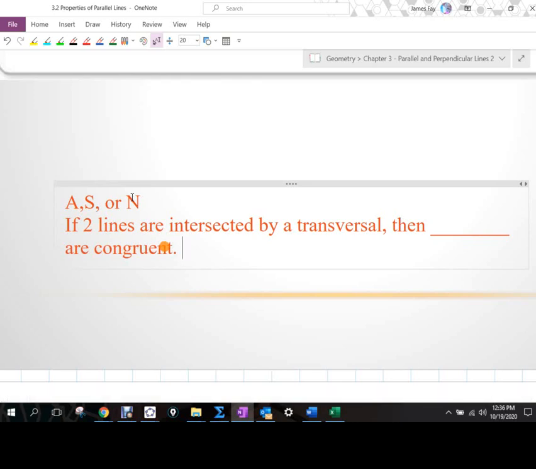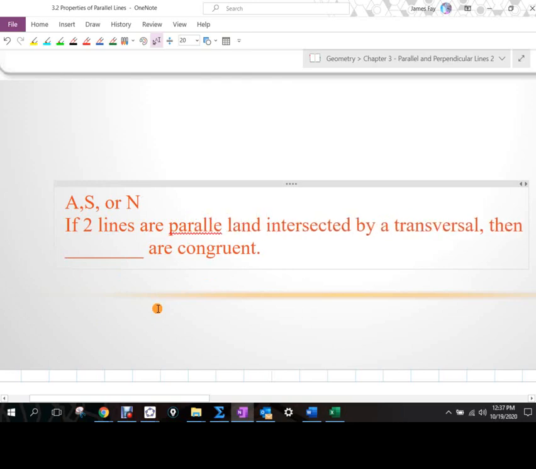That is sometimes. Okay? Because what have I failed to tell you about those 2 lines? Parallel. Okay? If I write, if 2 lines are parallel and intersected by a transversal, then alternate interior, alternate exterior, corresponding are congruent. What would you say there?